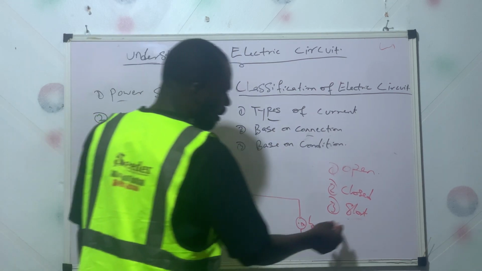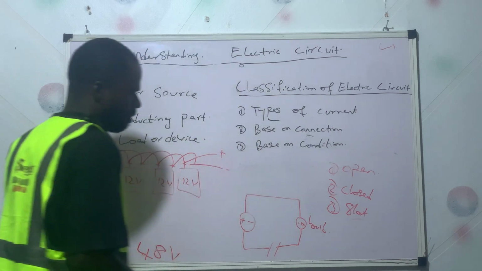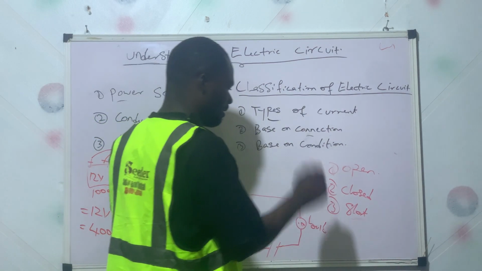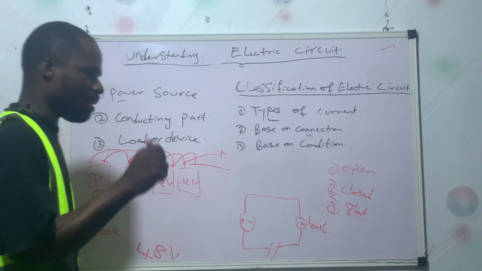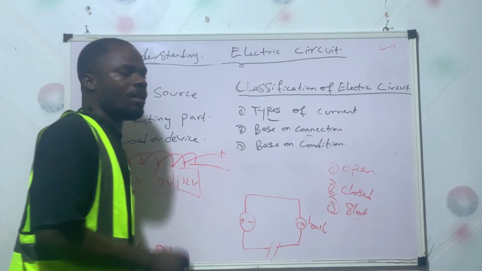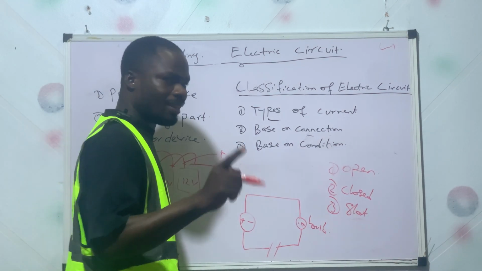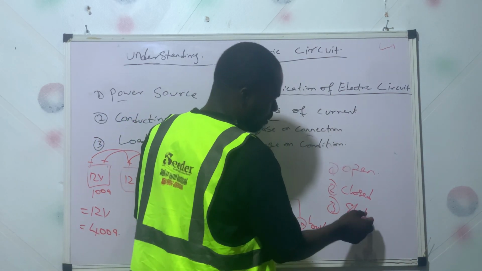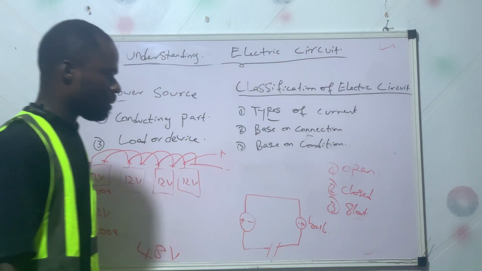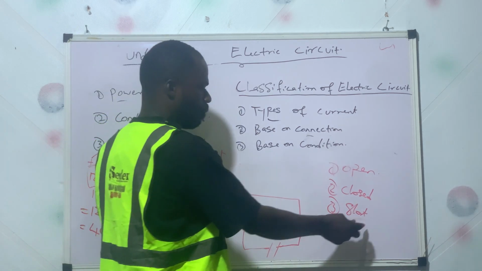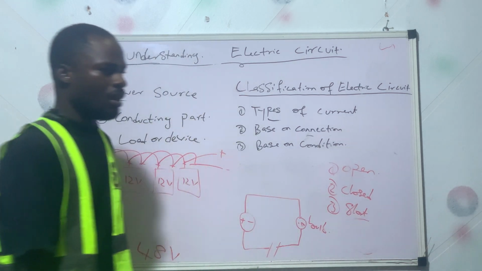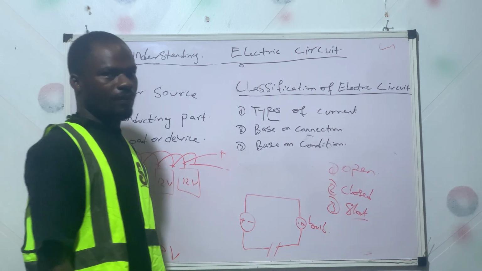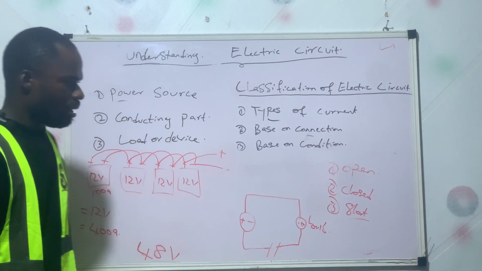There are so many causes of short circuit. The number one cause of short circuit that is very challenging in electrical installation is undersized cables. When you use undersized cables, it can cause a short circuit. We talk more on this when we are dealing with cable sizing, how to size your cables effectively in electrical installation.